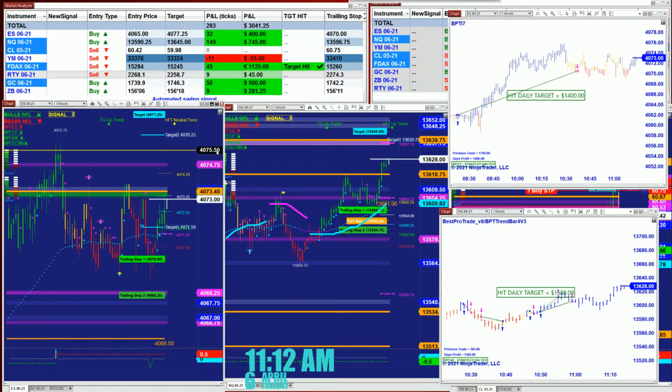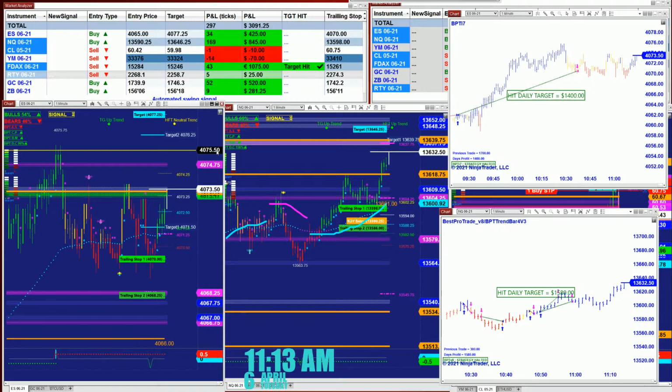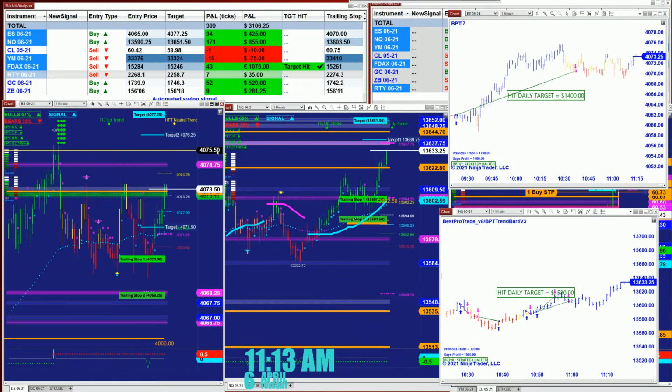Where the other guy has been around for many years, he knows not to sit down and dance with a gorilla here. He's going to lose. He turns around and trades the CL while you're sitting banging your head on the ES and you're not going anywhere. So this is the difference between one guy auto trading and another guy auto trading. One guy has an education, one guy has nothing. He just wants to make money.